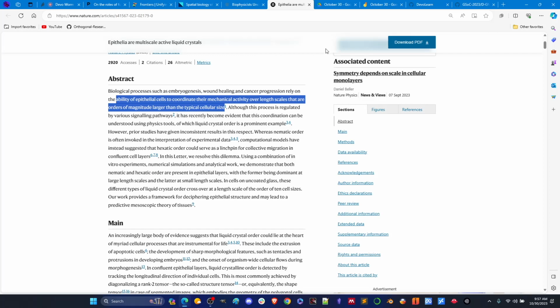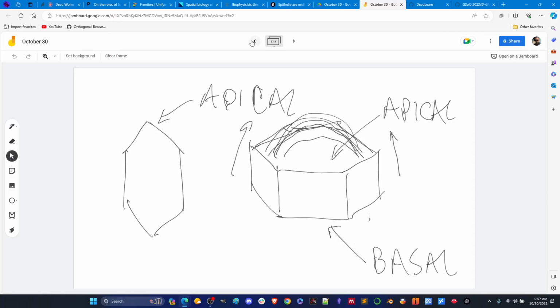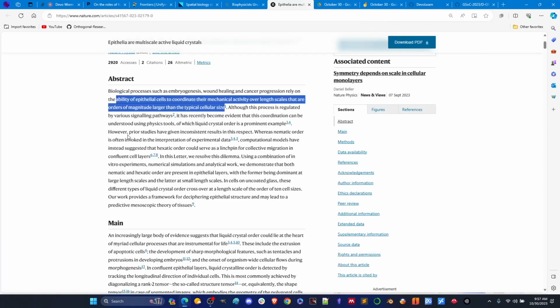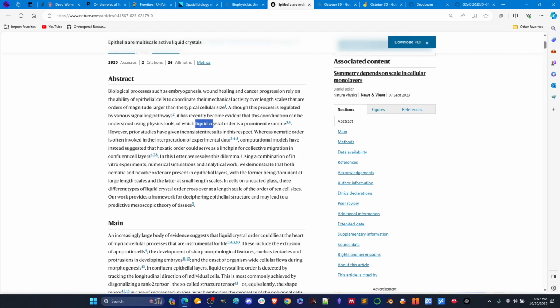So if we go back to our hexatic sheet, we have the sheet that expands outward many cells wide, and this whole sheet will behave a certain way as opposed to just the single cell. That's what they're getting at. We know that signaling pathways are involved, but also there's this physical coordination, and liquid crystal order, this long-range order, is a prominent example.